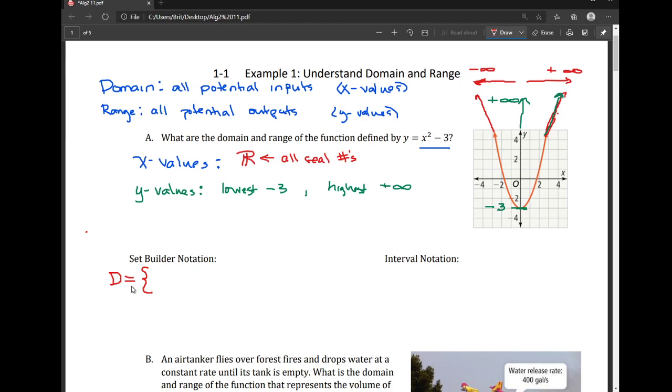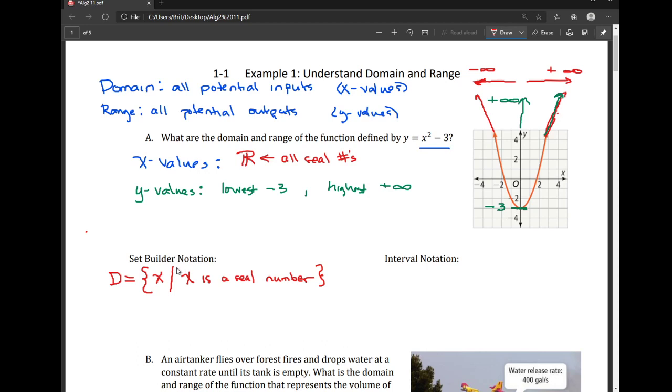So we're saying the domain is equal to all of the x values where x is a real number. And then we close that curly bracket.